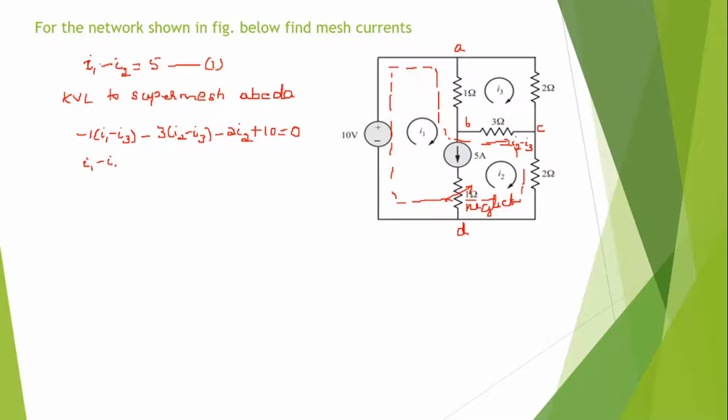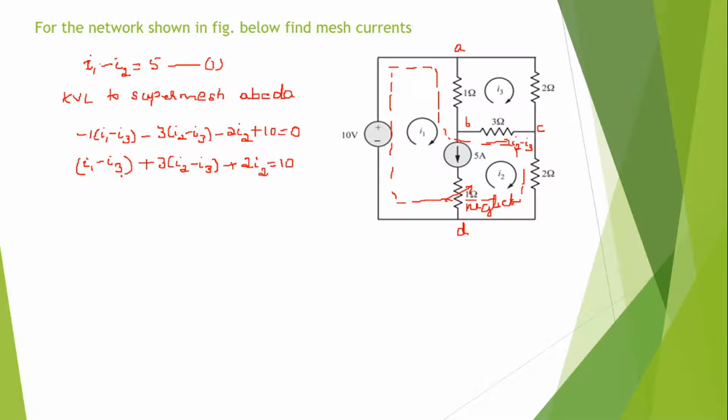So that is 1 into I1 minus I3, plus 3 into I2 minus I3, plus 2I2, equal to 10.